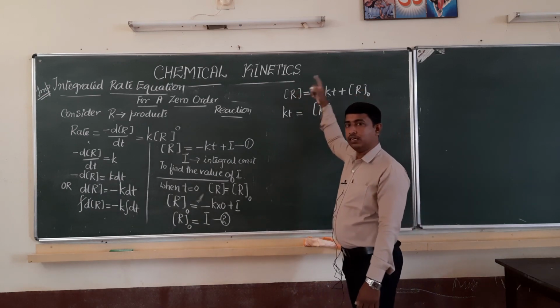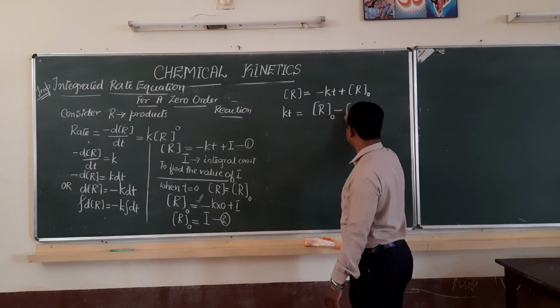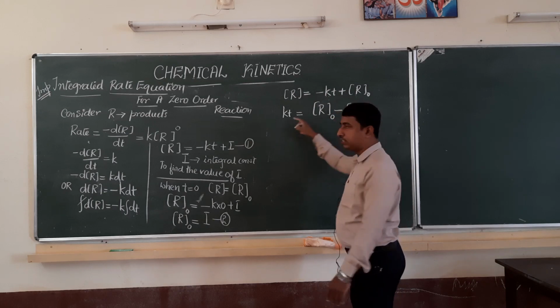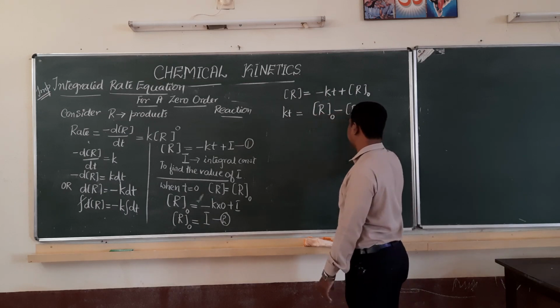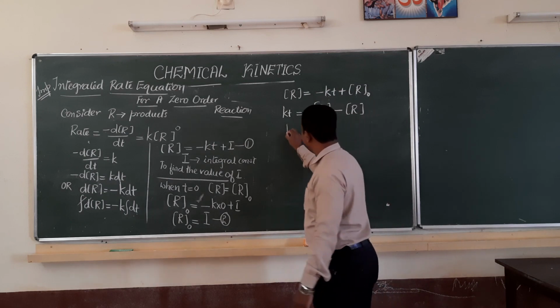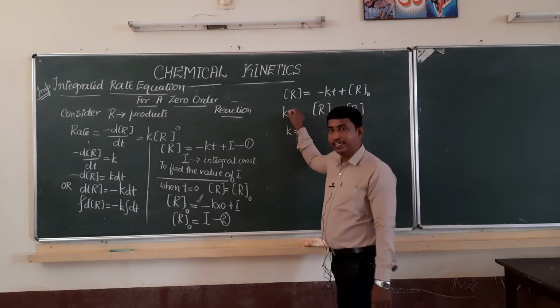Bring this R to the right hand side. So it is minus R plus kt, equal to R naught minus R, or k is equal to k into t.